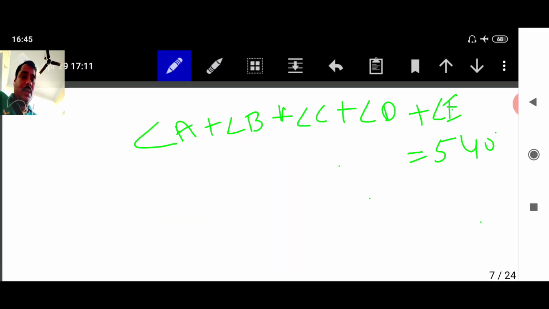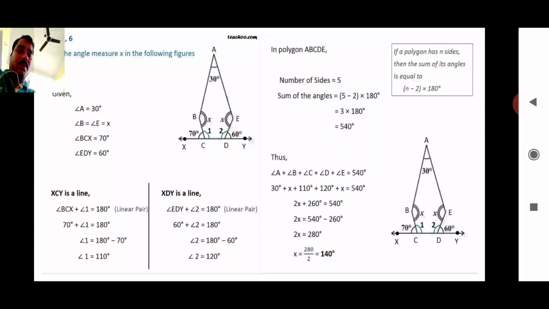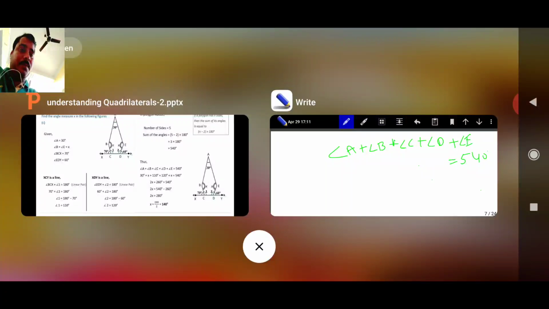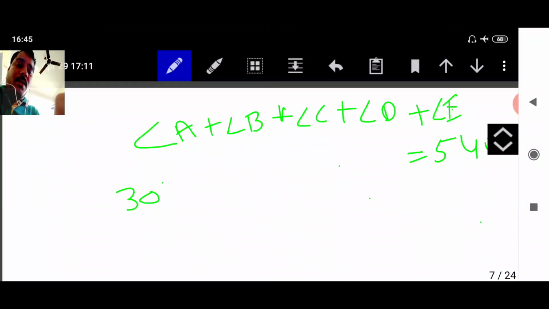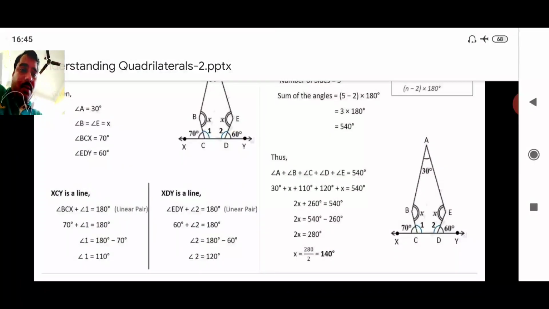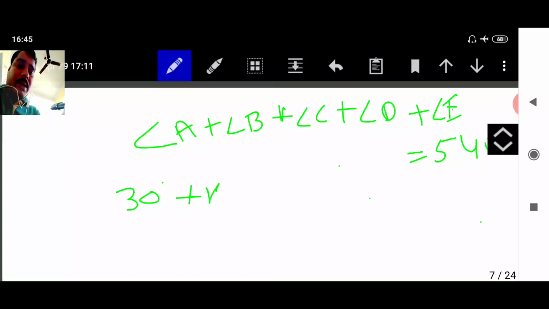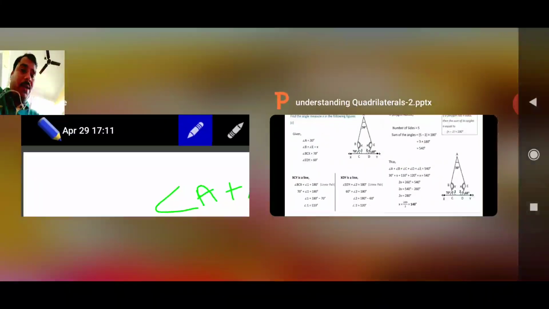Then what is the value of angle A? Here angle A equals 30 degrees, as given in the first line, plus what is the value of angle B? Angle B is x and angle E is also x, so x plus x. What is the value of angle C?